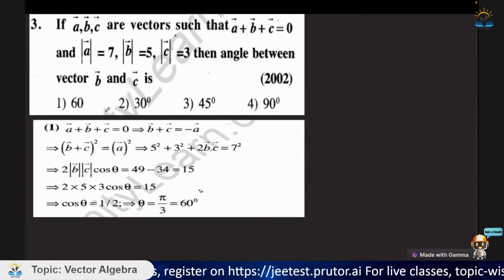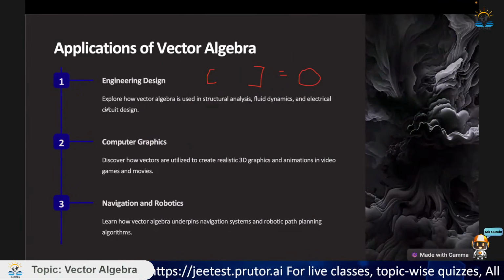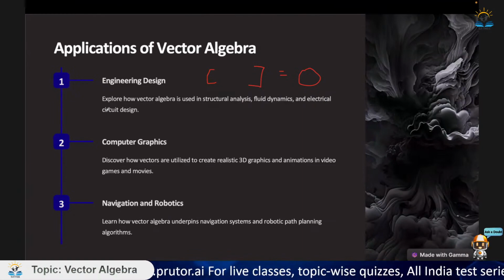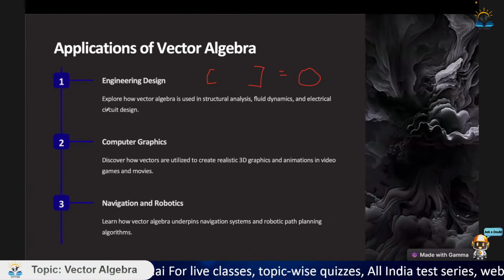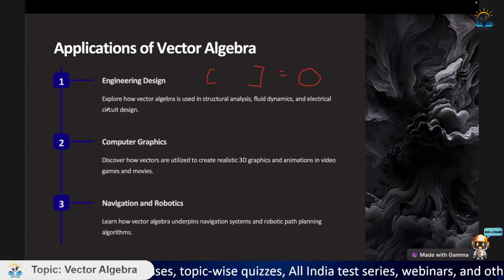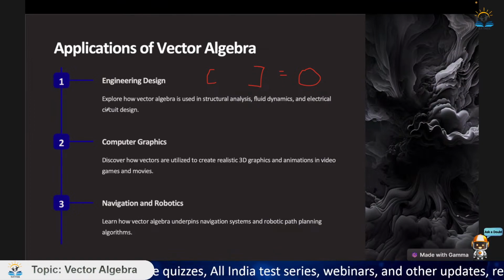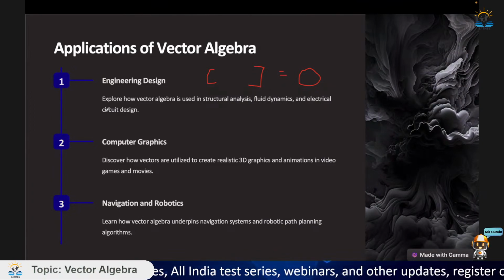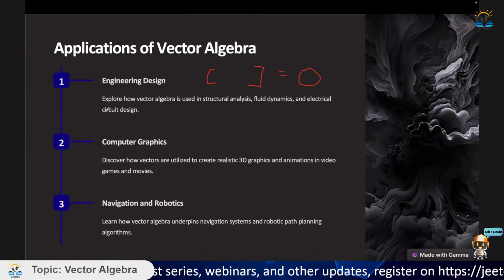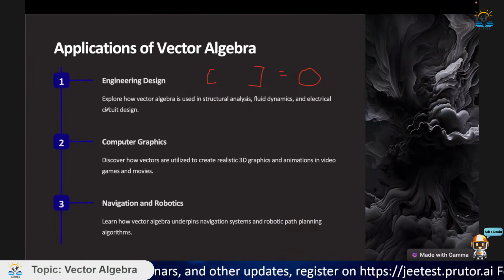We can also find coplanarity of points using vectors. And importantly, we can also find the volume of a tetrahedron using the box, which is just an application of the scalar triple product.